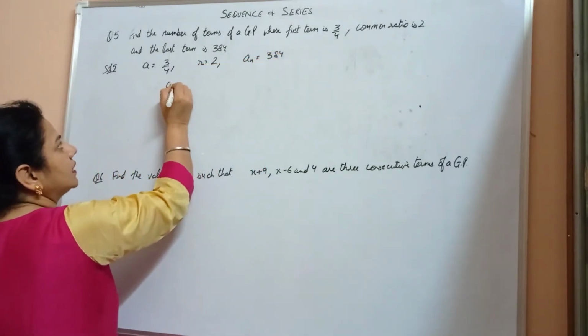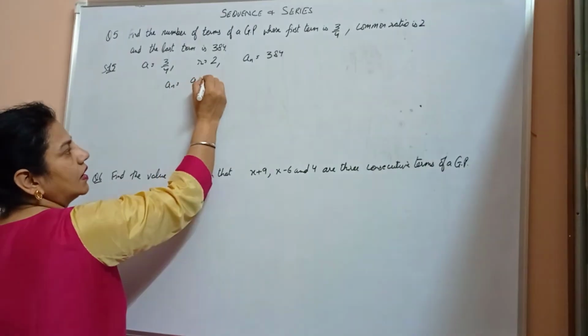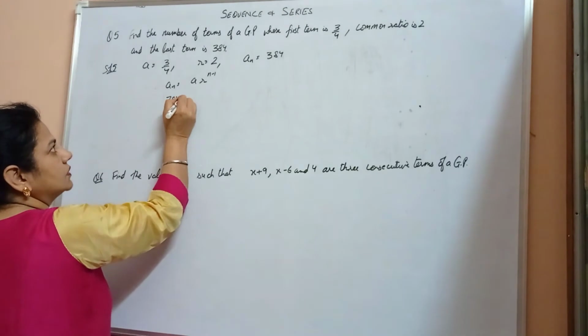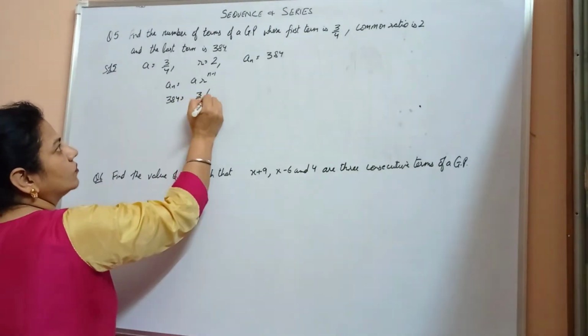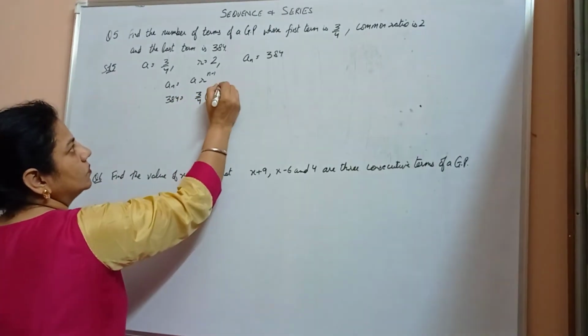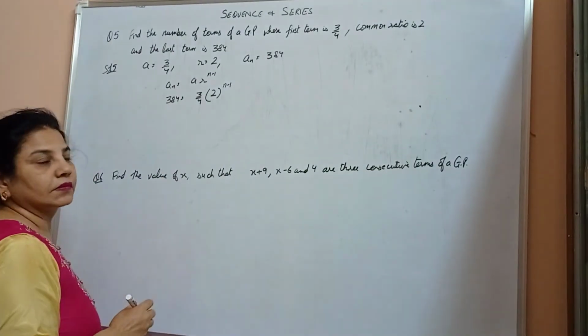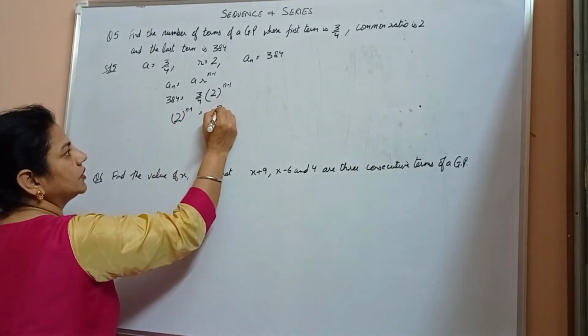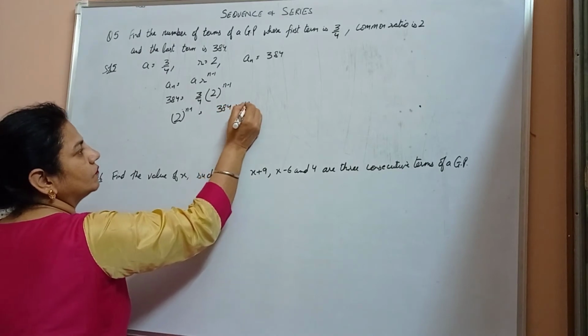And we know that the last term can be expressed as AR to the power n minus 1. So 384 is equal to 3 by 4 into 2 to the power n minus 1.